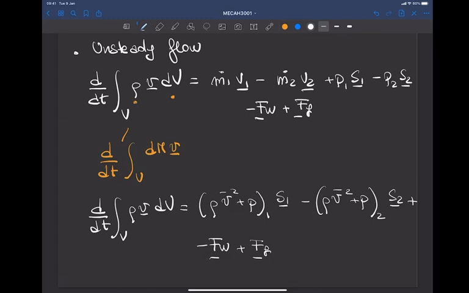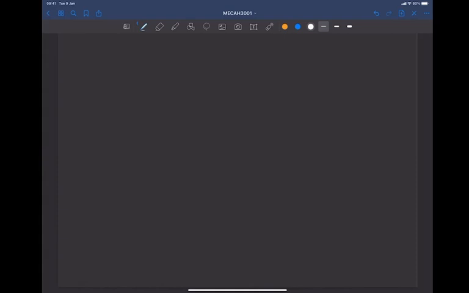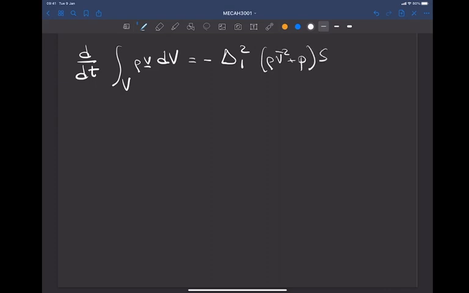Okay, and finally if I use again the Kronecker delta, so if I use the symbol delta, I get the final expression, which is d over dt integral on the volume rho v dv is equal to minus delta 1 2 of rho v square plus p times the section minus fw, the wall forces, plus f gravity.